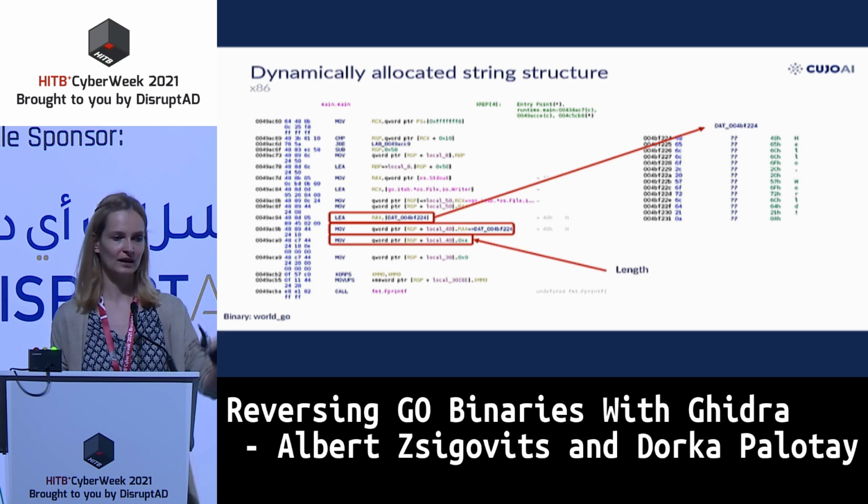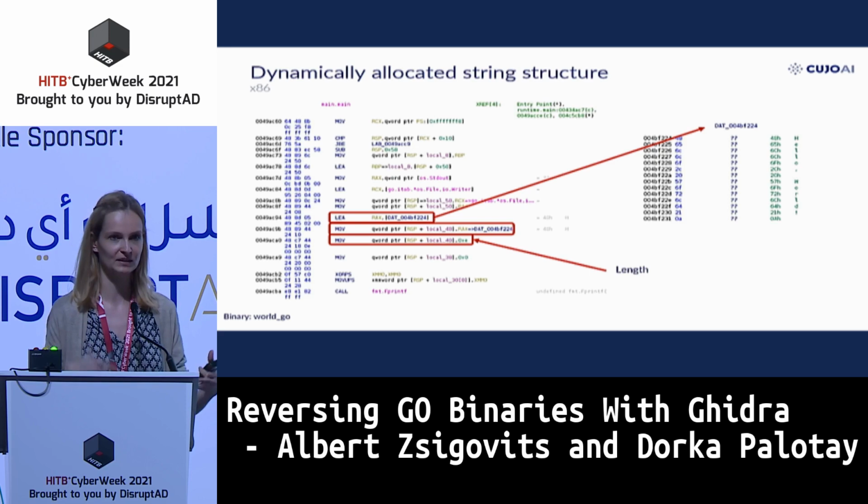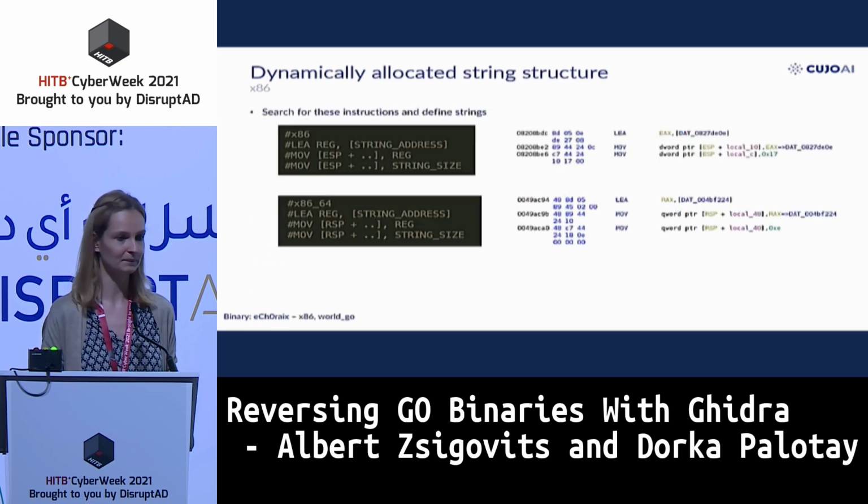This is how it looks when it's not defined within Ghidra. These are just a sequence of bytes, but it doesn't realize that it's a string. And then there is an integer moved to the stack, and this is the length. So basically, this is how the string structure is built up during runtime.